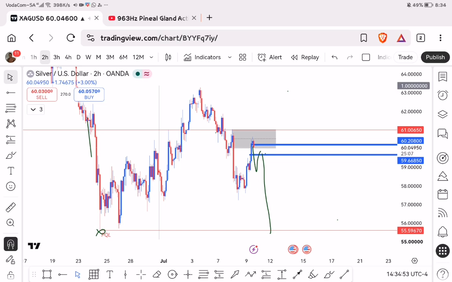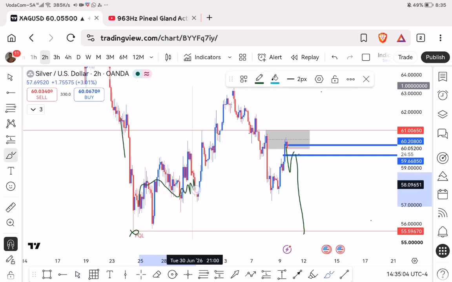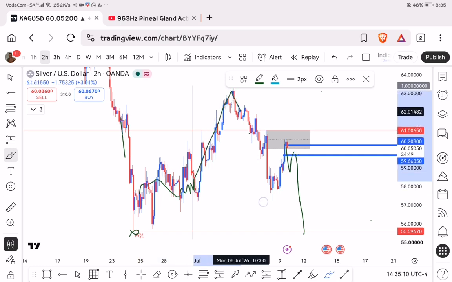So you can tell from around the 24th of June, price has been just consolidating here, creating more liquidity, buy side liquidity. It went to the upside, and now it's starting to push down, and we shall see how price plays out.